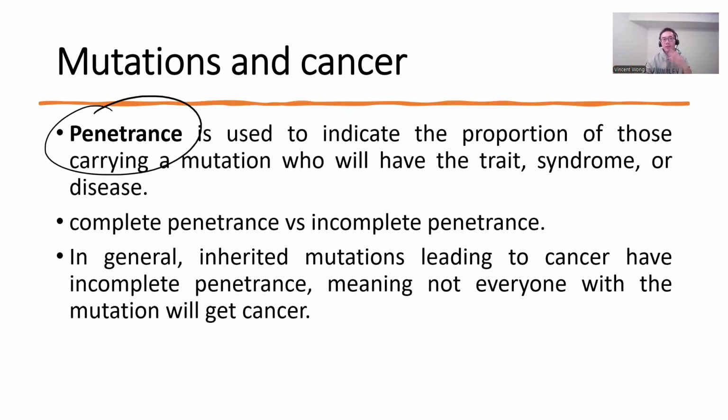If 100% of the people having the mutation end up having the disease, then this is an example of complete penetrance. Then for certain you're going to get it. But often, including cancer, these mutations have incomplete penetrance. Maybe it's like 30% penetrance, or 60% penetrance. Right? Only 60% of the people who inherit the gene end up getting the disease. So it's something to be taken with a grain of salt.